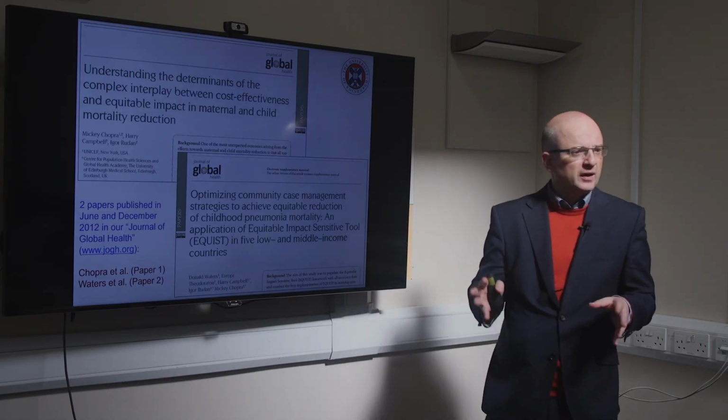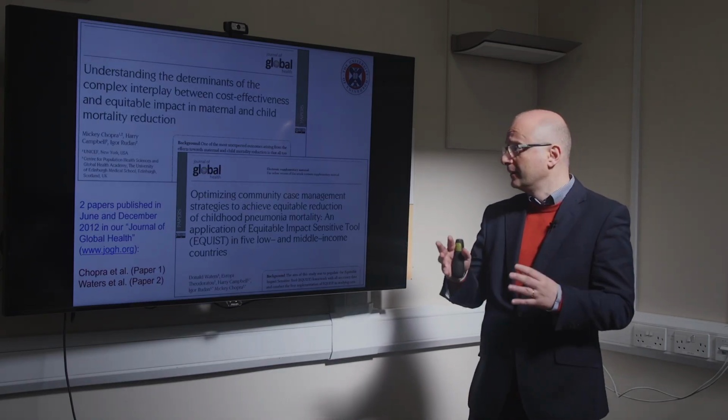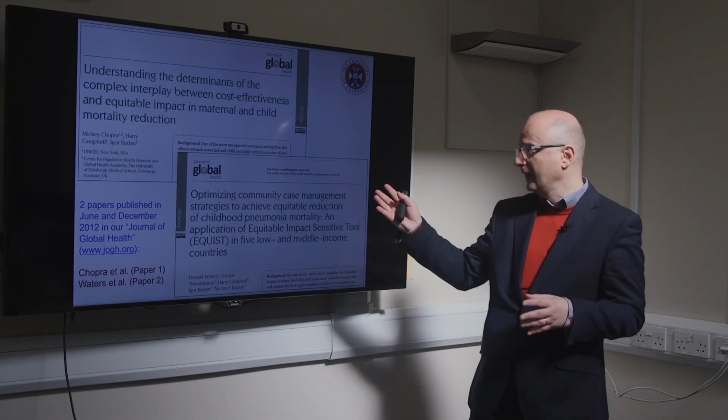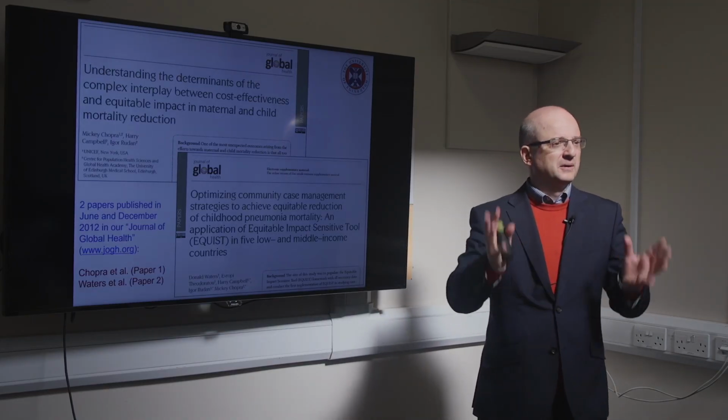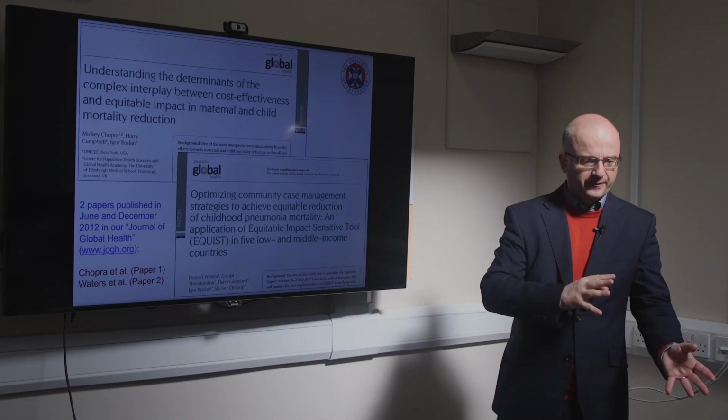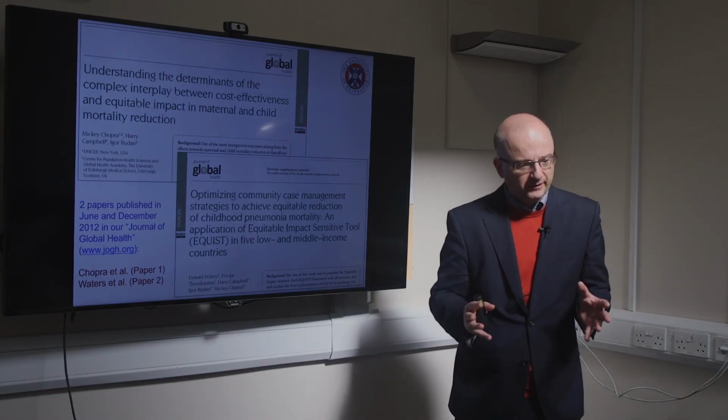And as we were working on that series, UNICEF realized all this problem of equity versus cost effectiveness.